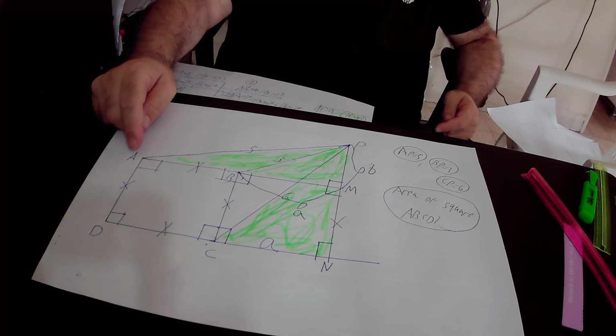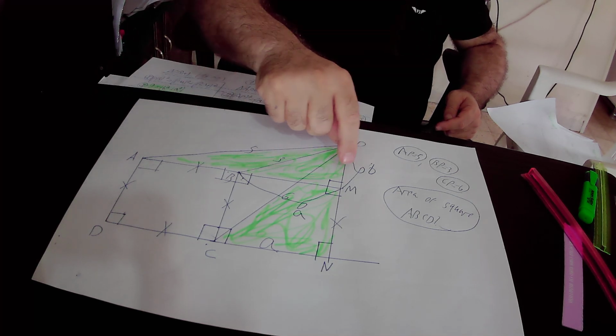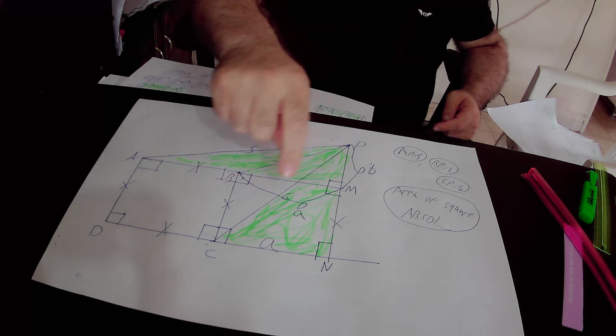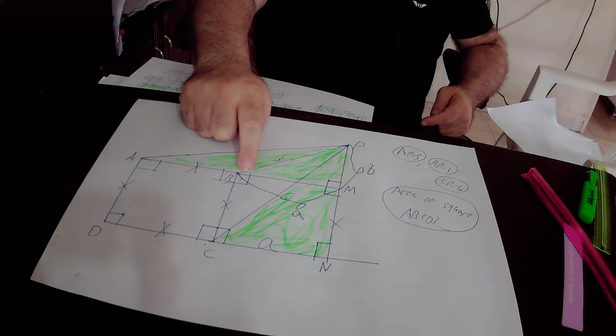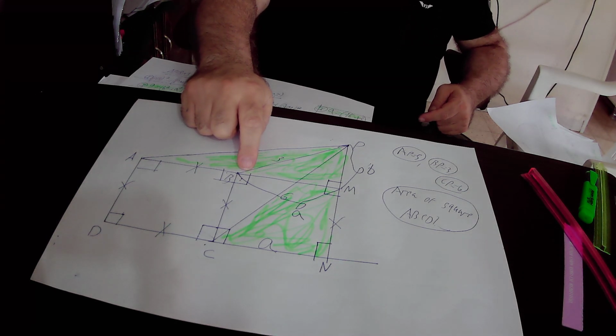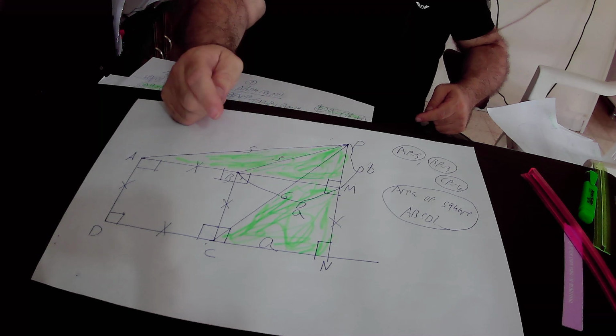So inside quadrangle BMCN we have 1, 2, 3 right angles. Therefore the fourth angle must also be 90 degrees according to the rule that the sum of the angles in any quadrangle is 360 degrees.